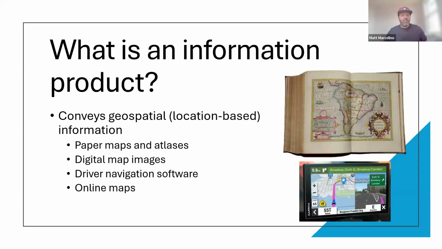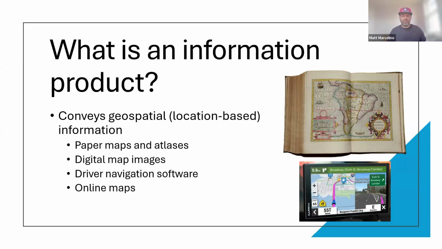So in GIS, an information product is something made to convey geospatial or location-based information. Most, if not all, people have used GIS products while traveling or when learning about geography from a book or in a classroom. So there are many GIS information products available.